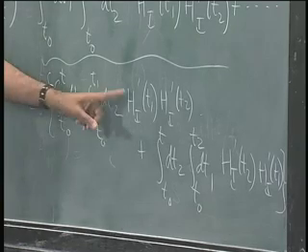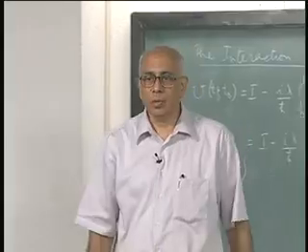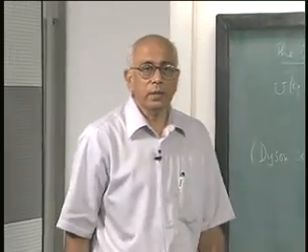But this plus that I could call the time ordered product, in which the rule is put the earlier time argument on the left, the later time argument on the right.